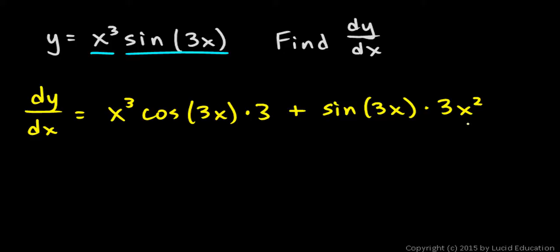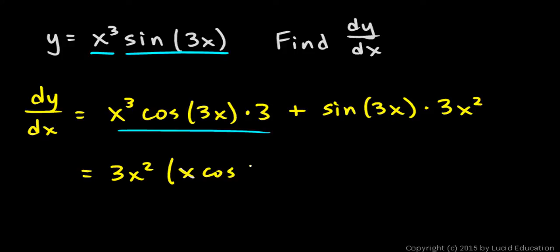And then we can simplify this a little bit by factoring out the 3 from each term and factoring out the x squared. So I'm going to write 3x squared, and that leaves me with, in this first term, x times cosine of 3x, plus, over here, if I factor out the 3x squared, I'm just left with sine of 3x.